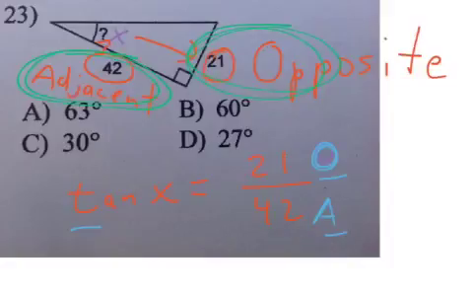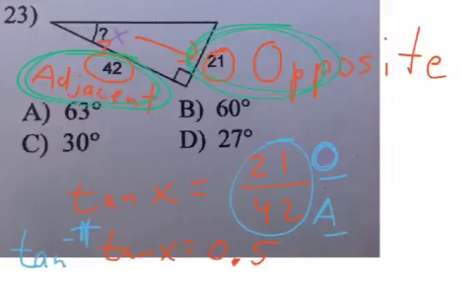Okay, so what do we do next? Well, here's where we get our calculator, and we're going to divide this 21 over 42. So we know that the tangent of x is 0.5. Now what do we do? Well, to find x, we're going to do what we call the tangent inverse. Okay, a little messy there.